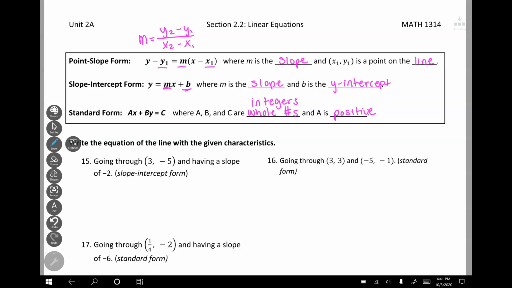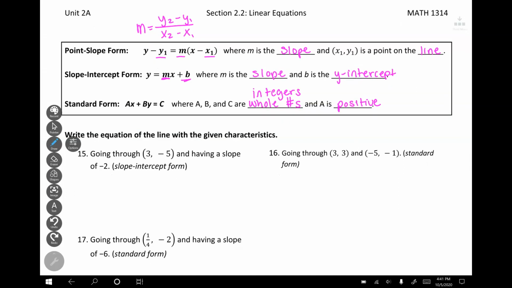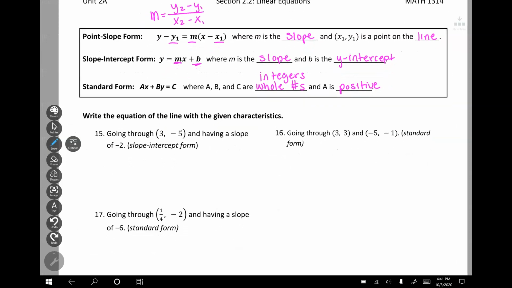So that form is mostly just, hey, let's write this in the prettiest, simplest form possible, where we're not going to have any fractions because a, b, and c have to be whole numbers. And also a is going to be a positive number, so we can't have a negative in the front. All right, so those are our three different forms we're going to work with.